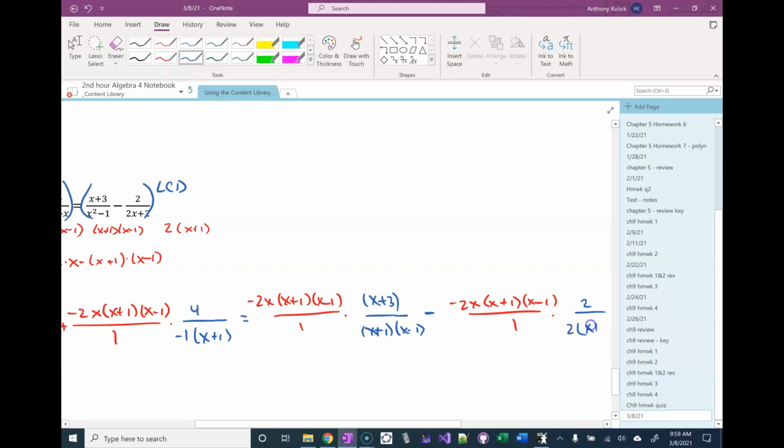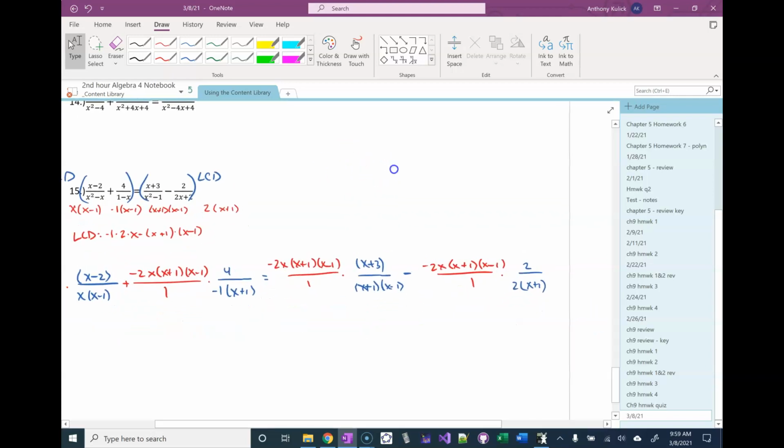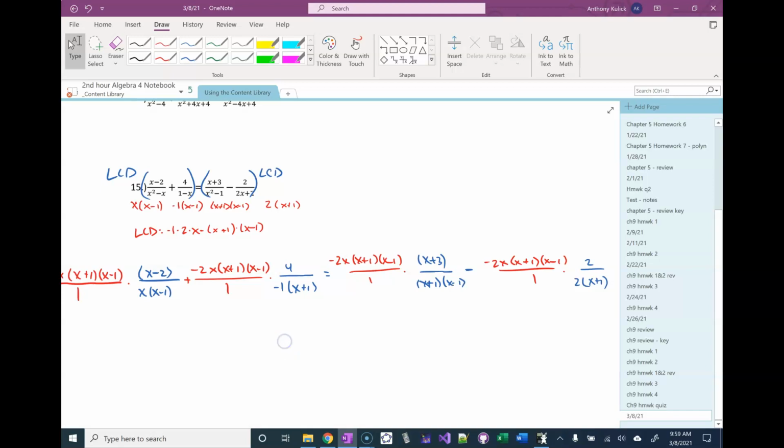Now let's go ahead and start reducing. So I get rid of that x with that x, that x minus 1 with that x minus 1. So I have my negative 2, I have my x plus 1, my x minus 2.